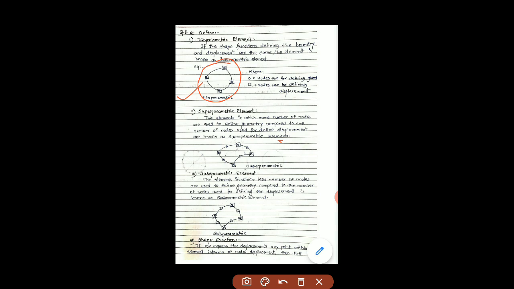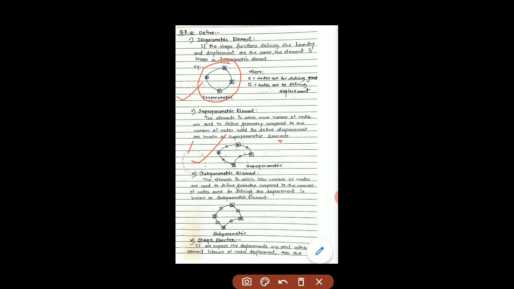You can see here the circles are more as compared to the squares. Squares are used for defining the displacement and circles are used to define the geometry. You can see this in the diagram.